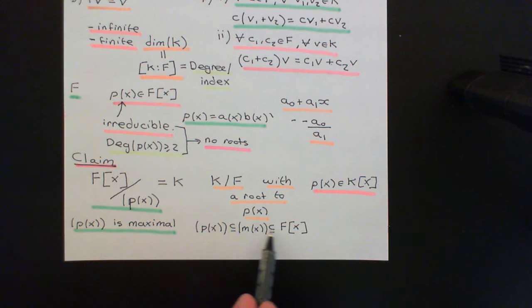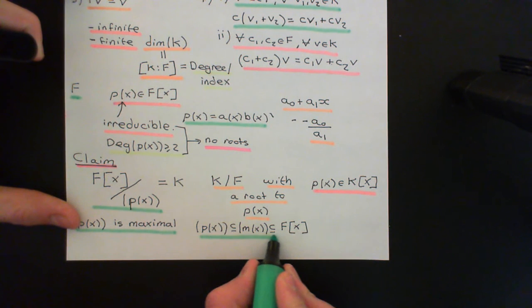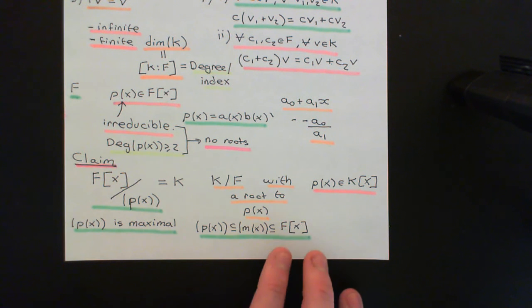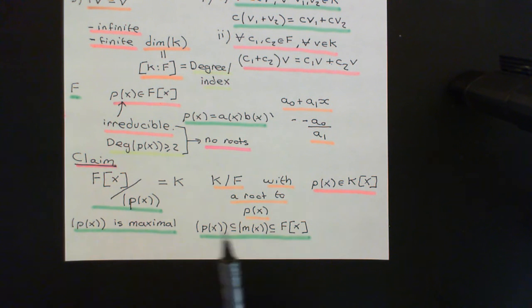We're going to assume we've got this ideal that's in between these two, so it completely contains the ideal generated by p of x here, and it itself is contained within the ring of polynomials over the field capital F, the unit ideal. And what we're going to show is that it is not properly in between the two.